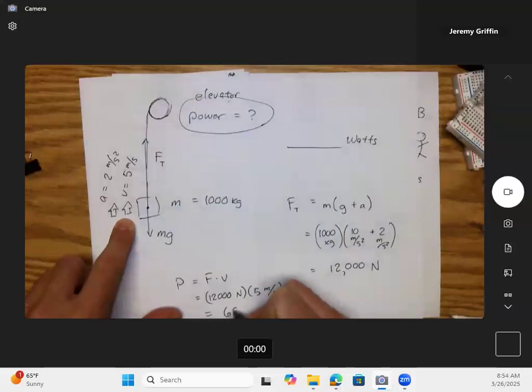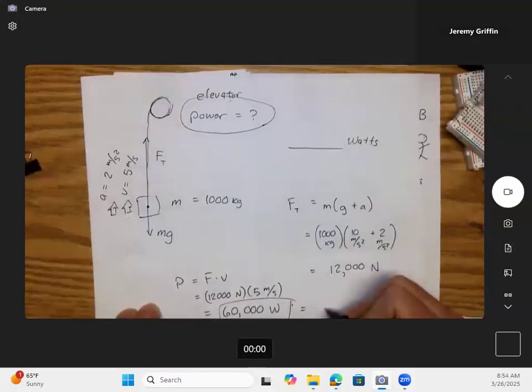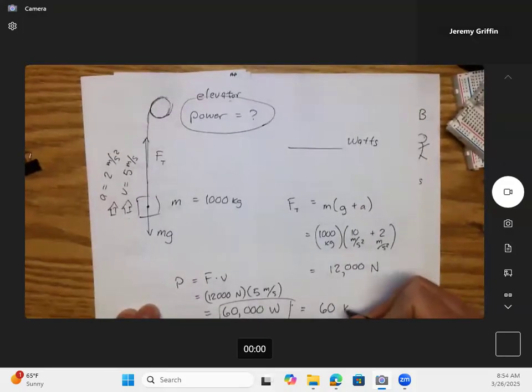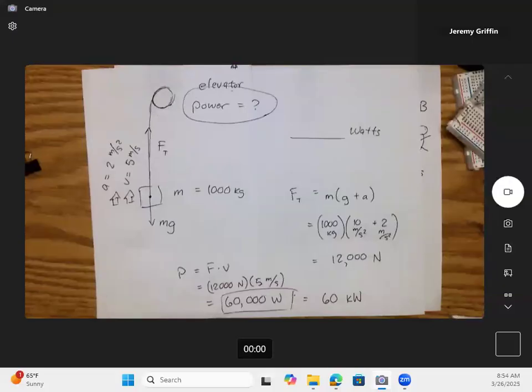That's 60,000 watts. That's the answer, 60,000 watts. There's another way to write that with a prefix. That could also be called 60 what? Kilowatts. Same thing, 60 kilowatts. All right, you guys good with the elevator?